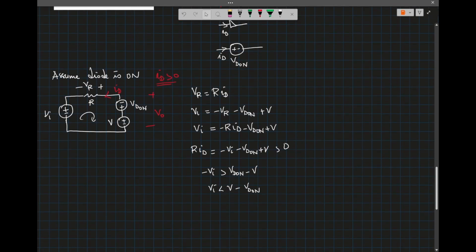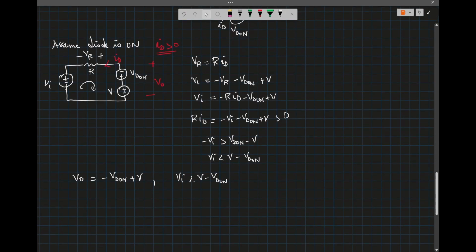So under this condition, we have V0 equal to minus VD on plus V. So for this condition, VI must be less than V minus VD on.